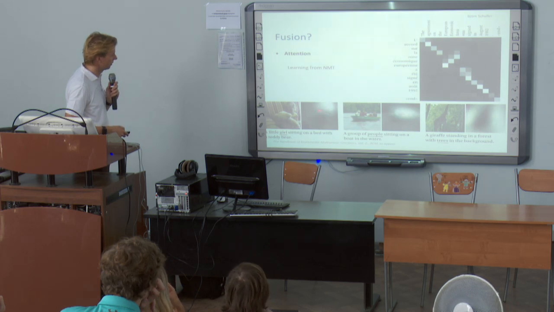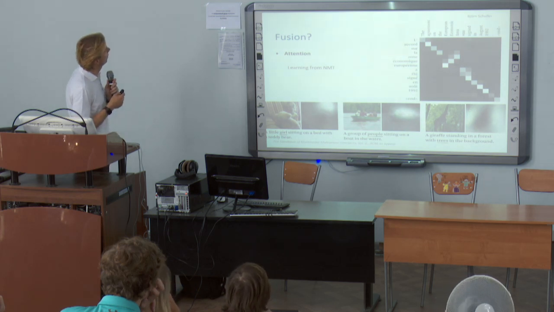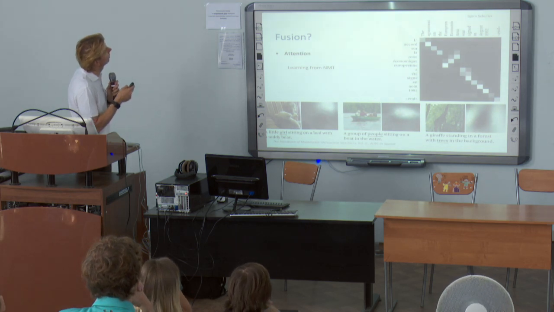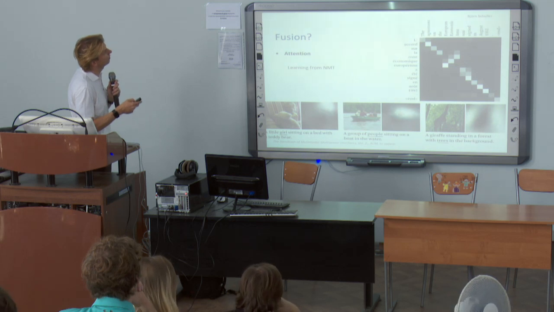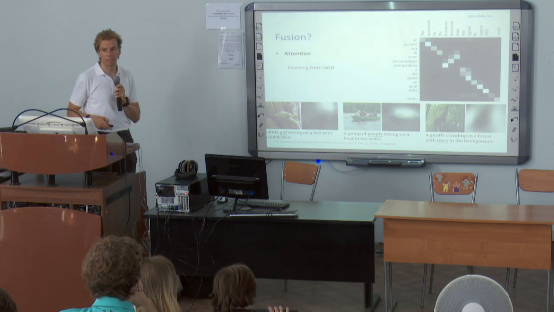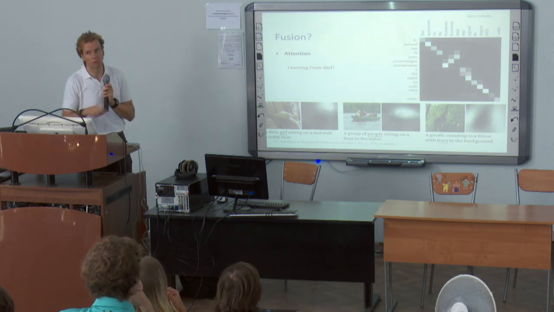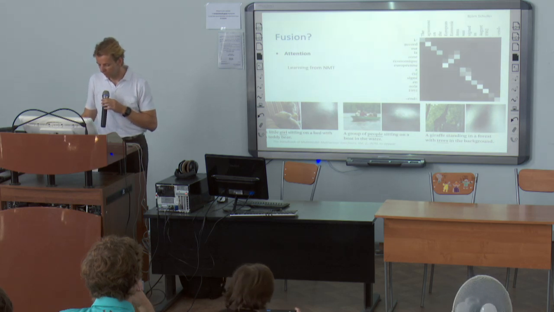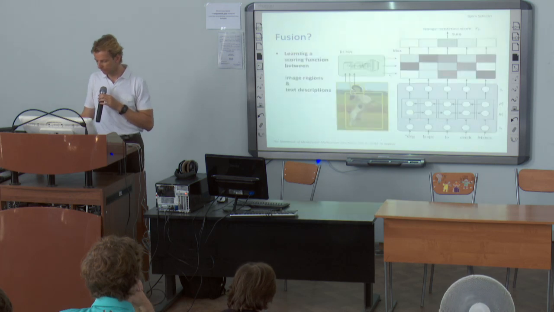But here, a little girl sitting on a bed with a teddy bear, and you can see that the word girl here finds the attention around the face of the girl. A group of people sitting on a boat in the water. The people here find the attention mask in the image where the people are, and so on and so forth. So it's basically learning these image word correspondences, and from that learns these kinds of descriptions.